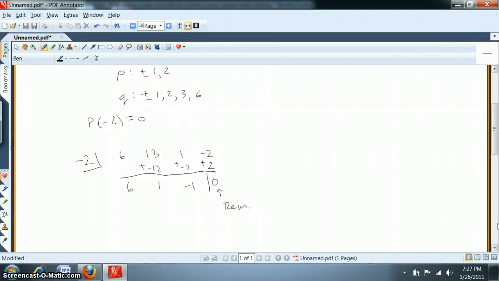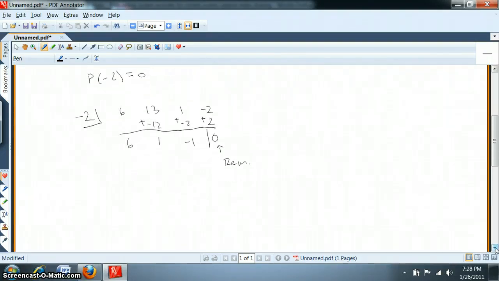How do we find the rest of the zeros? Well, usually this polynomial would be the one that we have right here divided by x plus 2. So we know that x plus 2 is a factor. So how can we get this depressed polynomial? Well, it would be 1 degree less. So it should be 6x squared, because it's 1 degree less from the x cubed we have, plus 1x, or just x, and then we have minus 1.